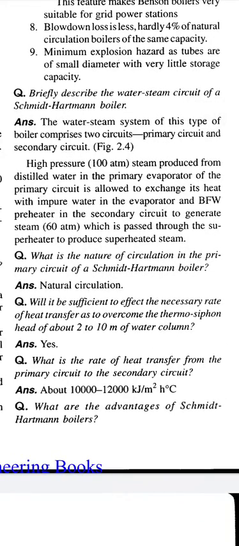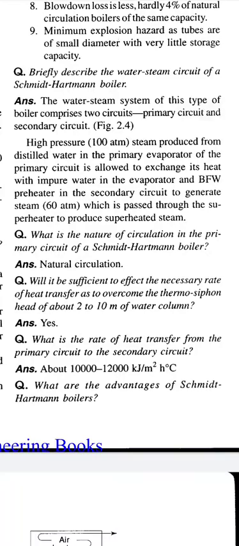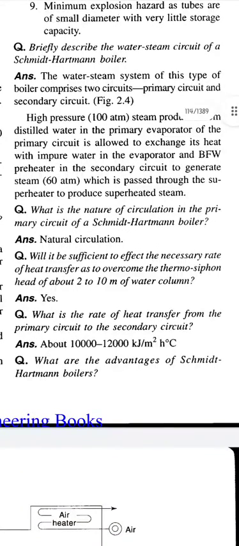Question: what is the nature of circulation in the primary circuit of the Schmidt-Hartmann boiler? Answer is natural circulation. Question: will it be sufficient to effect the necessary rate of heat transfer so as to overcome the thermosiphon head of about 2 to 10 meter of water column?